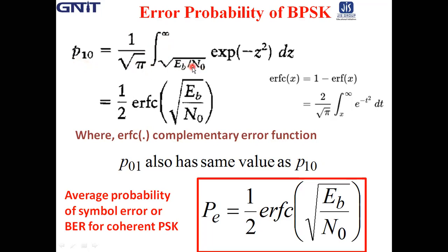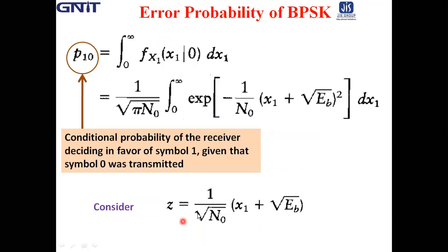Just changing the limit, put z equal to this, and dz is proportional to dx1, and change the limit, that is whenever x1 equal to 0 and whenever x1 equal to infinity.